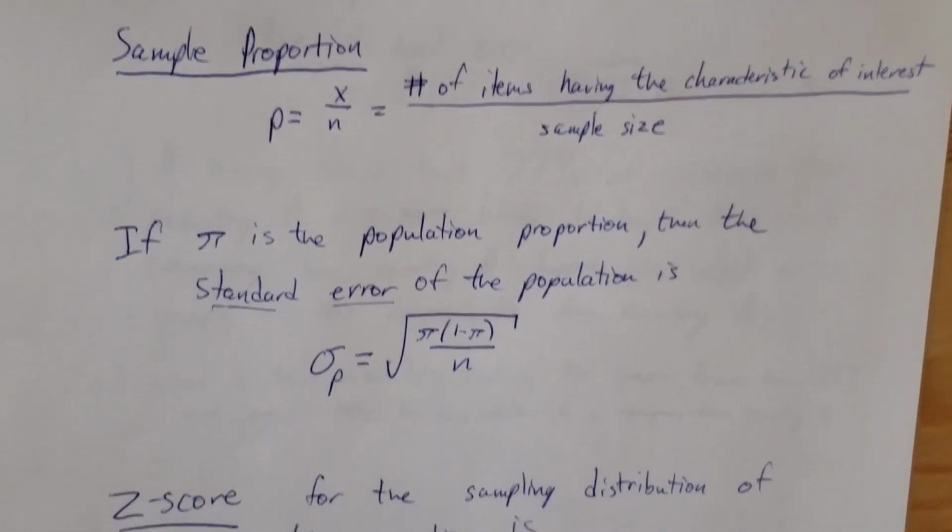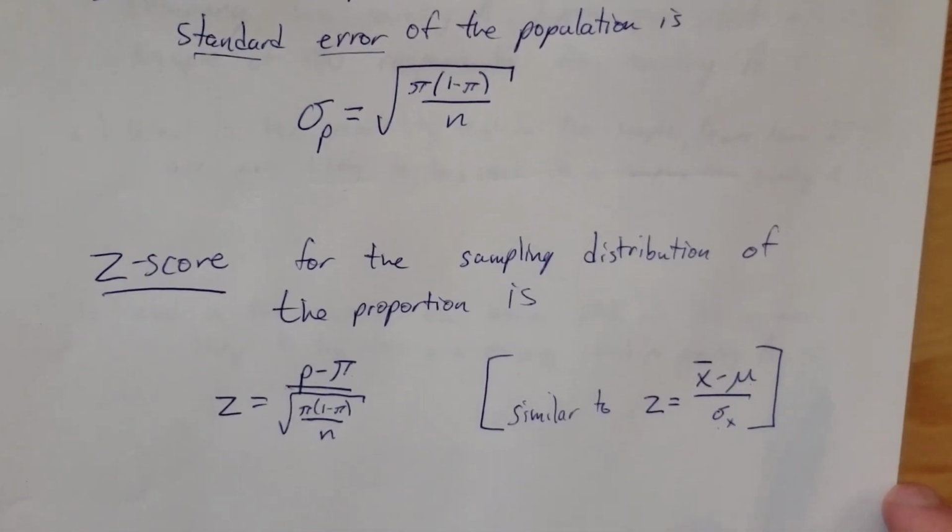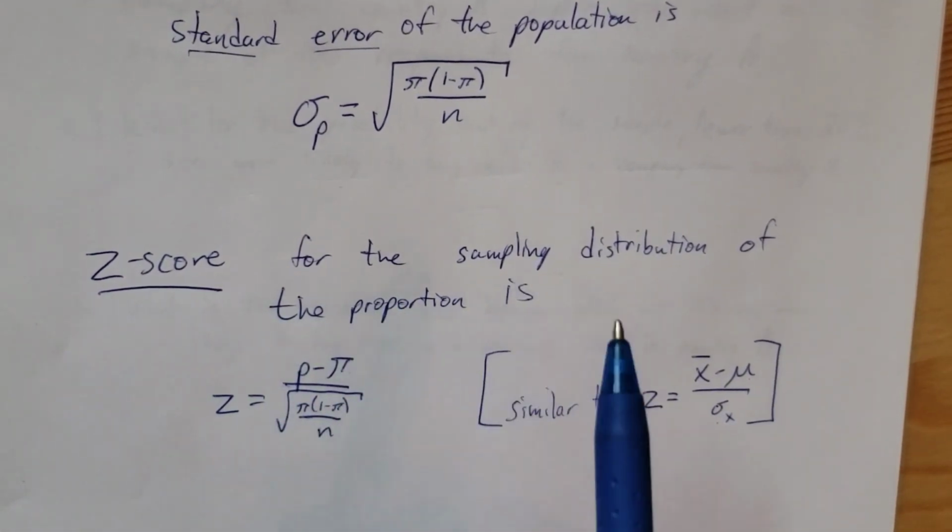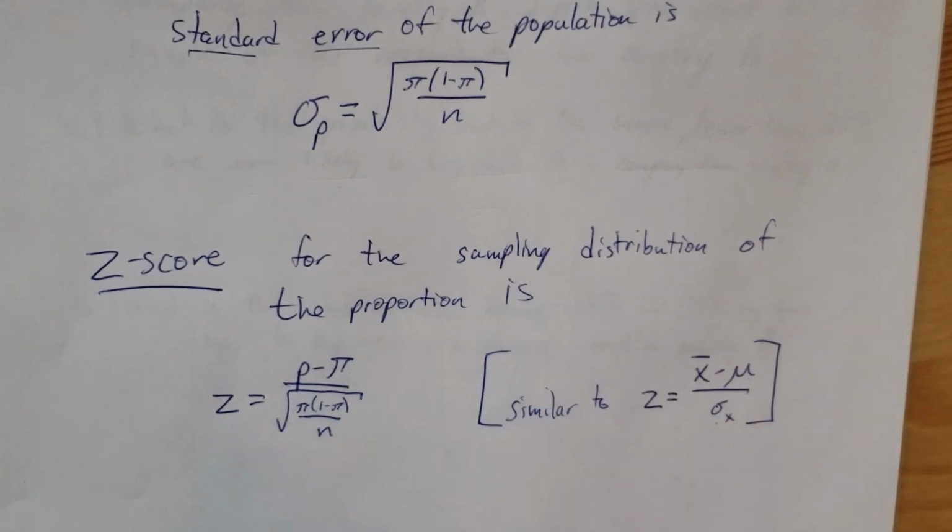And finally, we have the z-score. The z-score for a sampling distribution of the proportion is given by this formula here, which is p minus pi all over the square root of pi times 1 minus pi over n.